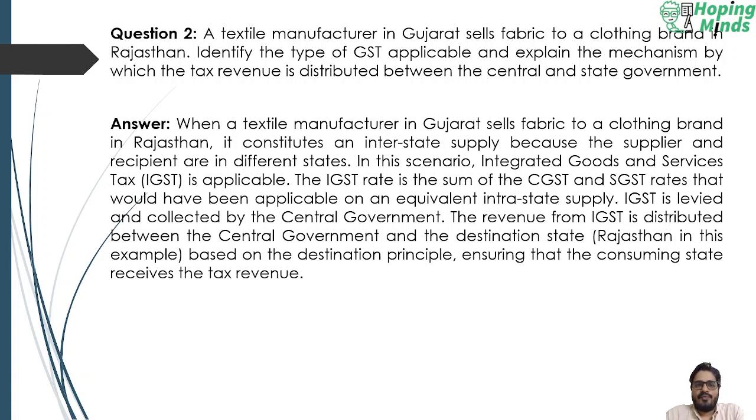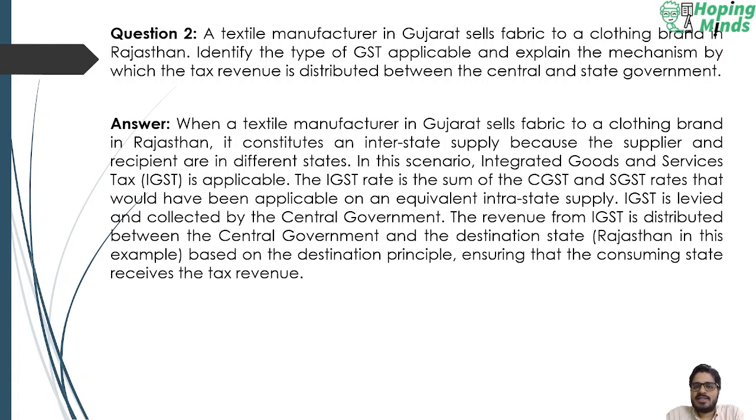So when a textile manufacturer in Gujarat sells fabric to a clothing brand in Rajasthan, it constitutes an interstate supply because the supplier and the recipient are in different states. In this scenario, integrated goods and service tax, that is IGST, is applicable.